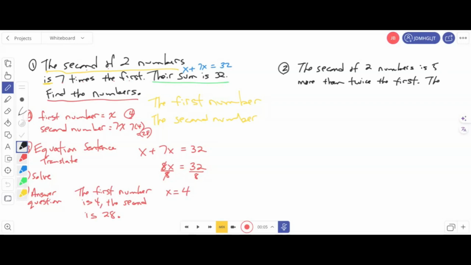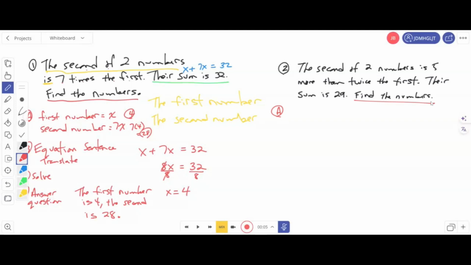Their sum is 29. Find the numbers. The second of two numbers is 5 more than twice the first. Their sum is 29. Find the numbers.